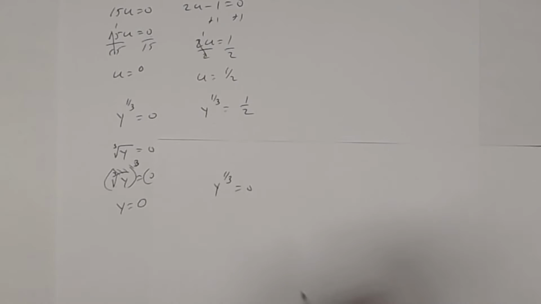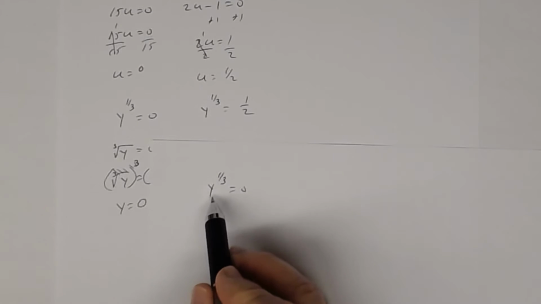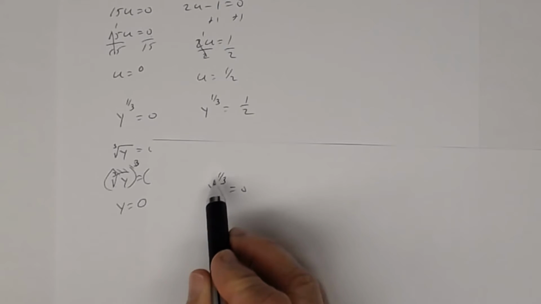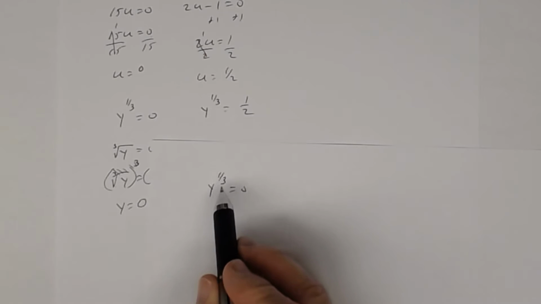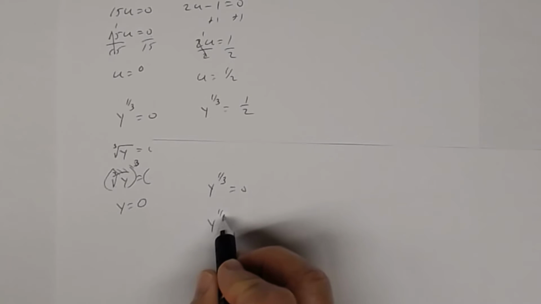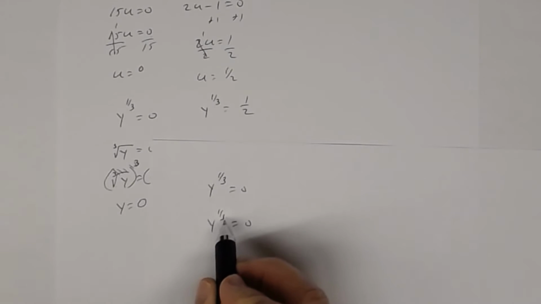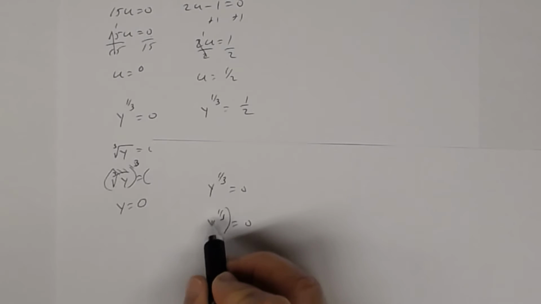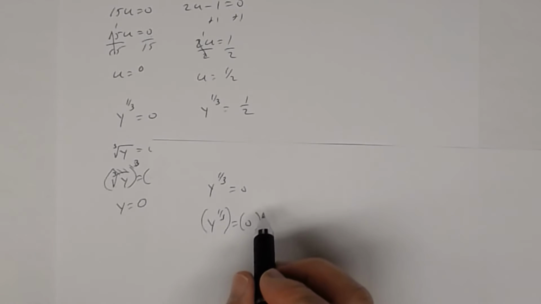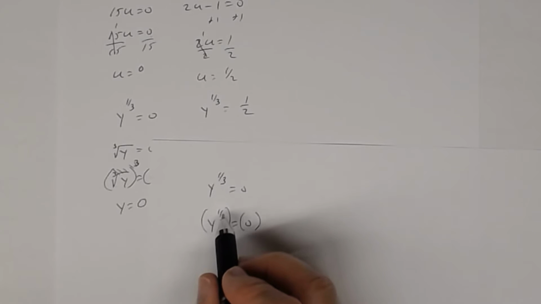The other way was to leave it as this rational exponent. And again, you want to solve for y, right? So right now you have y to the 1/3. You don't have y to the first power. So I need this exponent to be a 1, not a 1/3. To get an exponent of 1, you raise both sides to a power that is equal to the reciprocal of 1/3, the exponent.